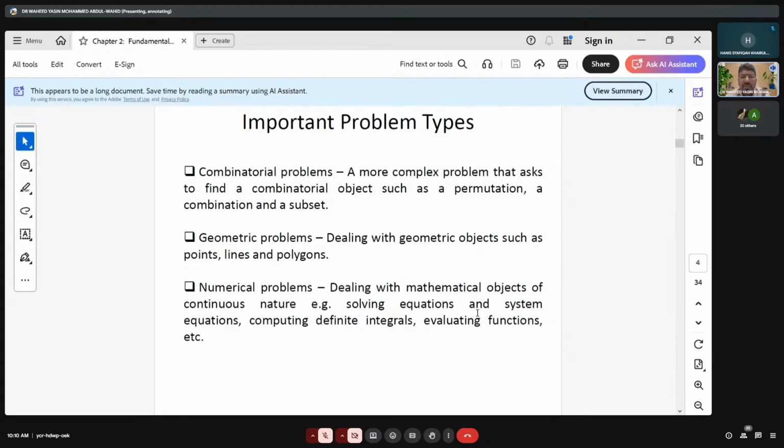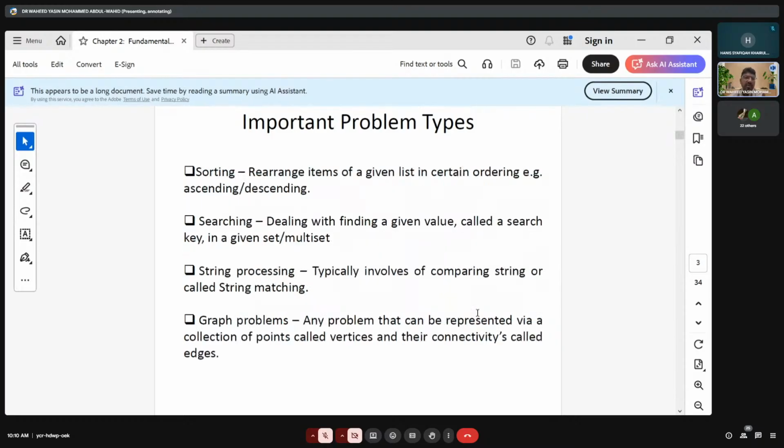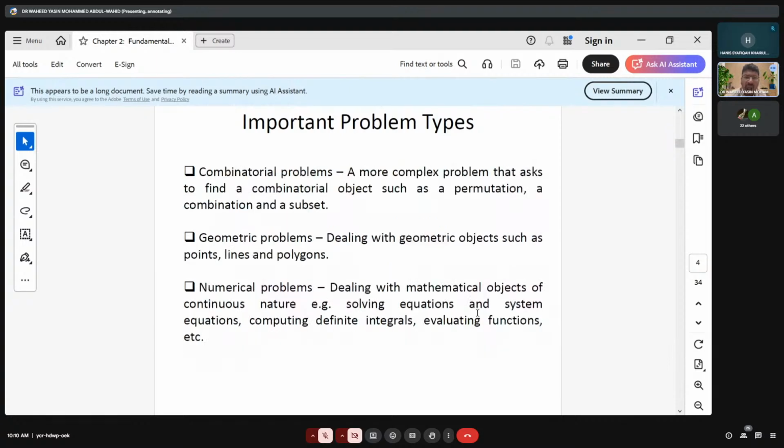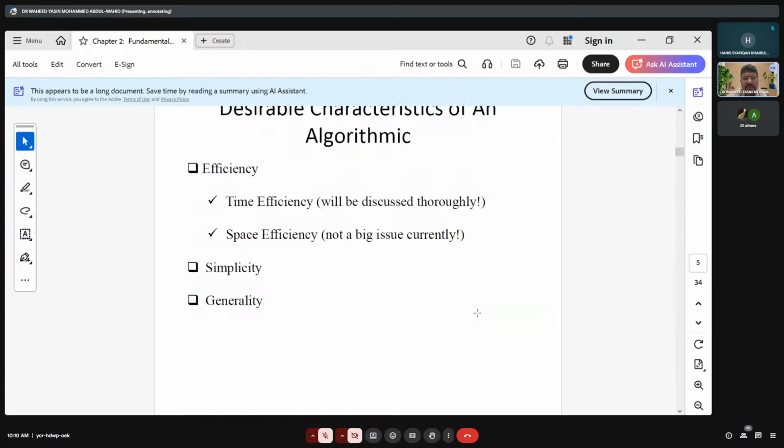Numerical problems deal with mathematical objects of continuous nature: solving equations and systems of equations, computing definite integrals, evaluating functions, etc. So these are the problem types we are going to study in this course: sorting, searching, string processing, graph problems, combinatorial problems, geometric problems, numerical problems.